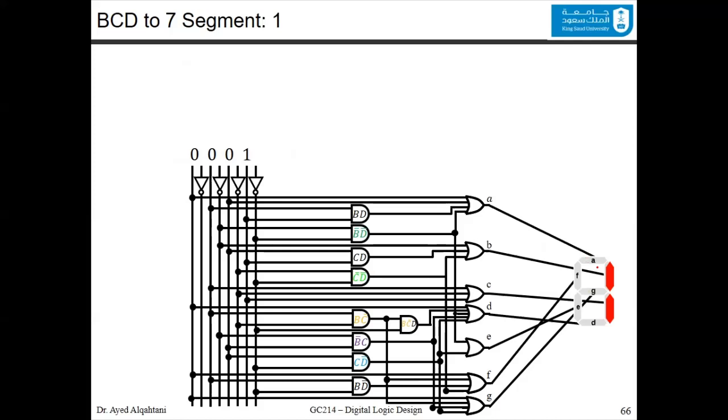If we input 1, it will light up as you can see here. If we input 2, it will light up like that. If we input 3, it will light up as 3 in the display, and so on for 4, 5, 6, 7, and 8, and then if you input the number 9.